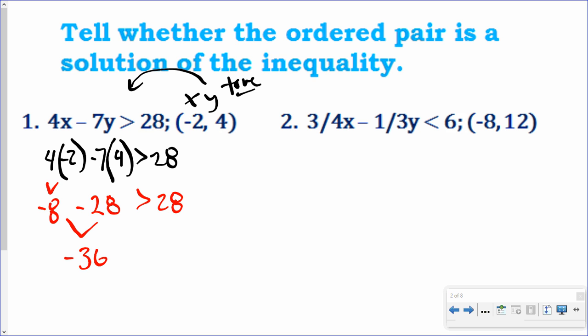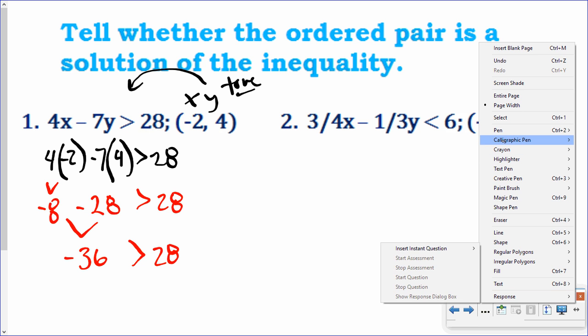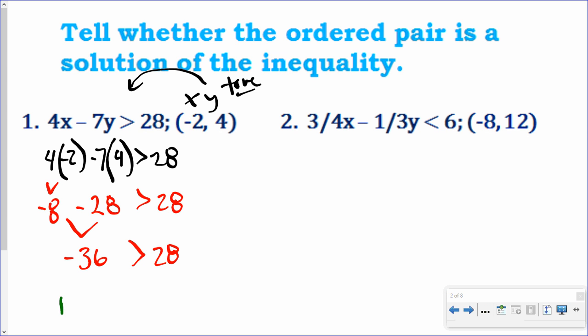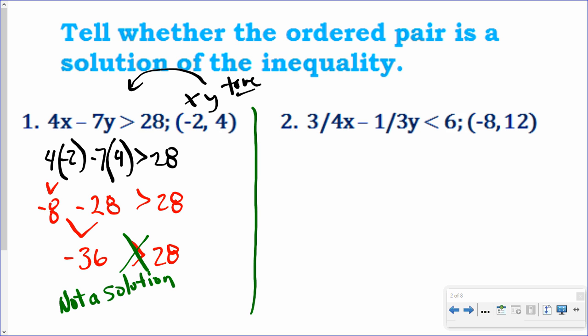I get a -36 is greater than 28. There's really no reason for me to think that this is a true statement. This is absolutely not true. So it's not a solution because it's not true. Okay, I'm hoping that this is making sense.